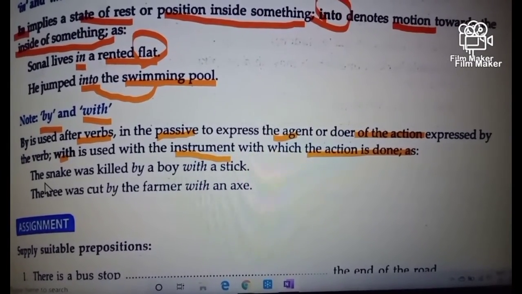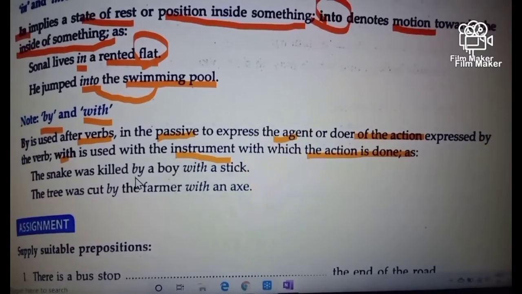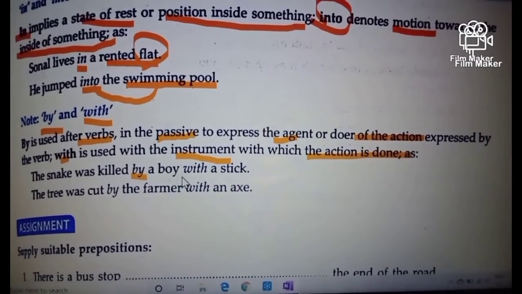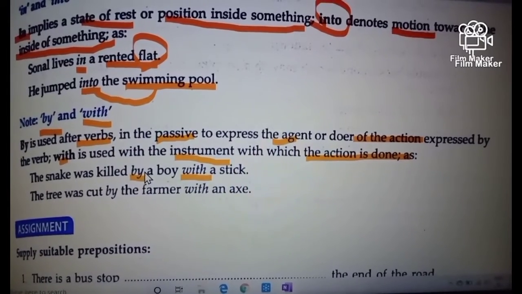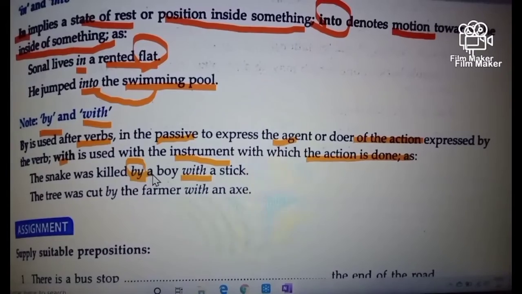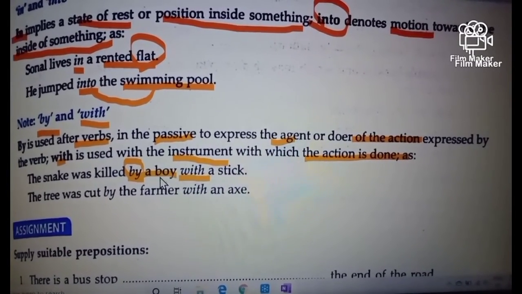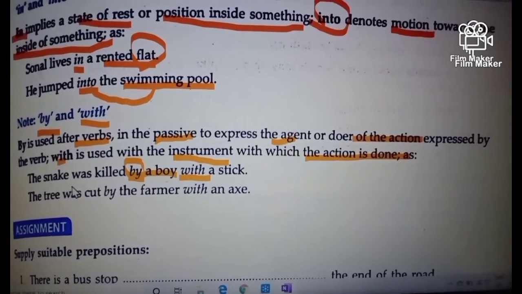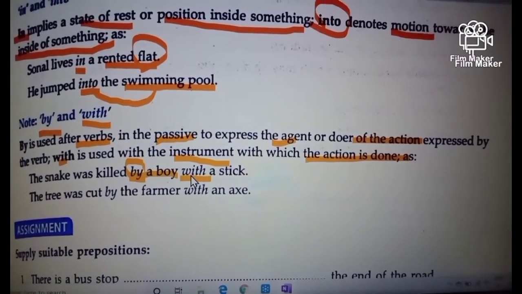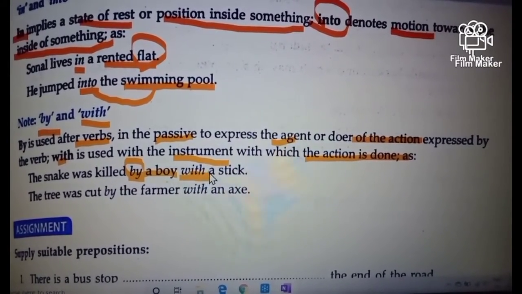Take a look at an example here. The snake was killed by a boy with a stick. In this sentence, take a look at the usage of by. By is referring to a boy who is the doer of the action because he killed the snake in the sentence. But how did he kill? He killed with a stick.